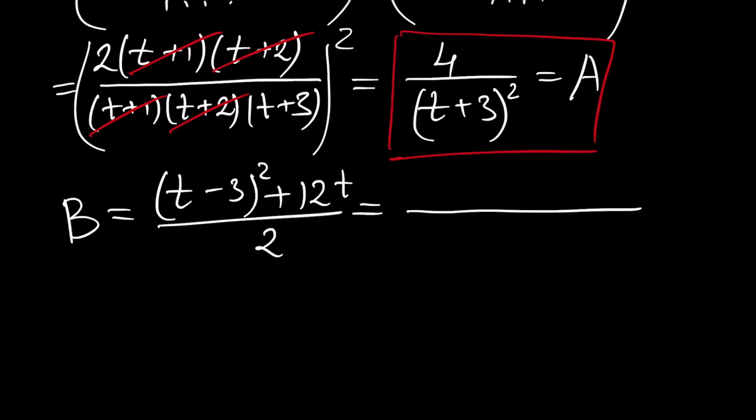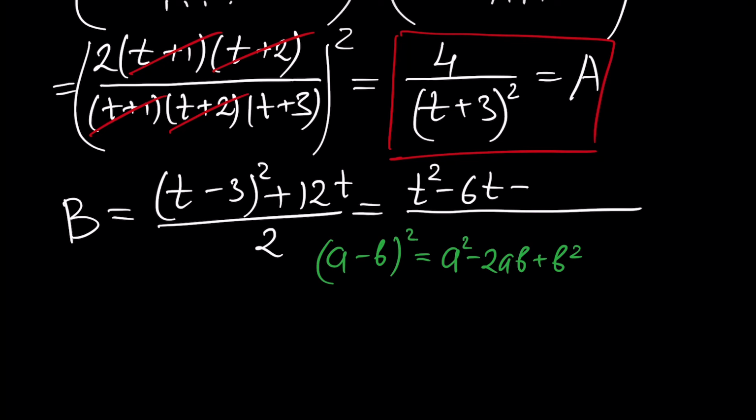If we perform shortcut multiplication here using the formula a minus b squared is equal to a squared minus 2ab plus b squared, we can rewrite it as t squared minus 6t plus 9 plus 12t divided by 2.